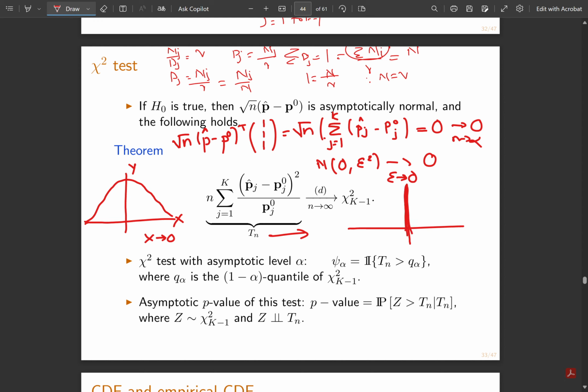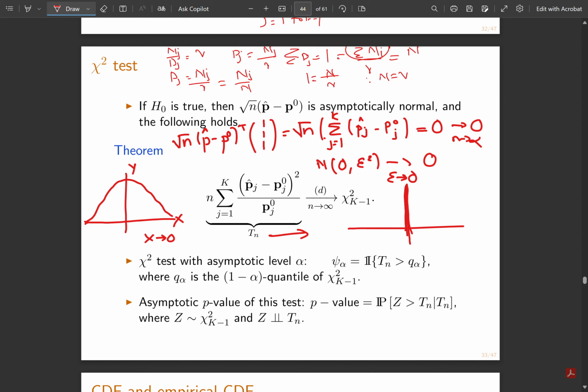There will be no x, there will be only y here, and this is a degenerate Gaussian vector, but still a Gaussian vector or Gaussian distribution.